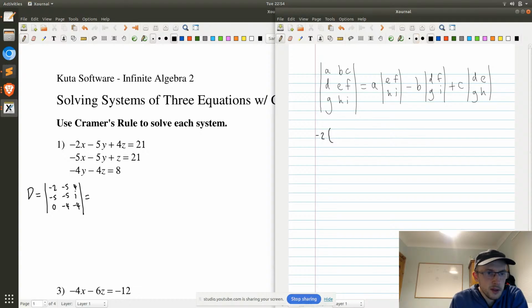Minus 2 times. Okay, determinant of that. 24. No! Wrong. Come on, try again. That's 20. That's negative 4, so it's going to be 20 plus 4, so 24. And this is going to be plus 5, and this is going to be minus 4. 20.